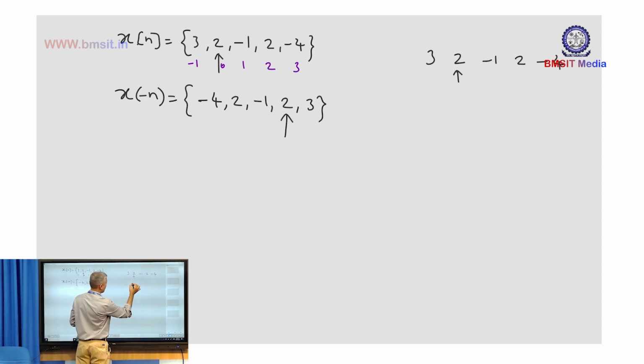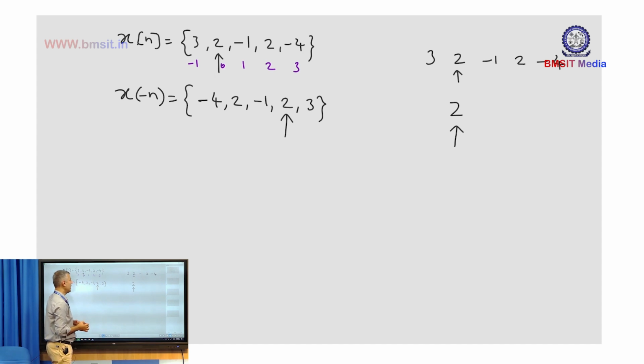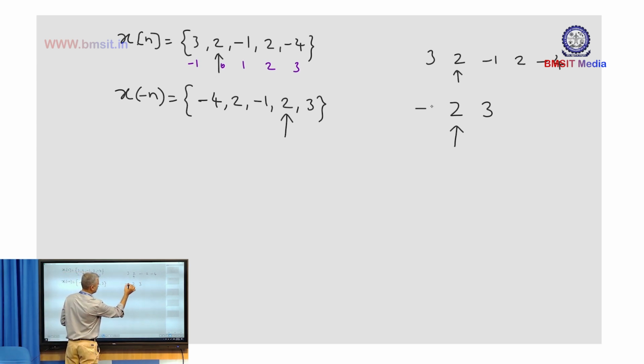So the origins of both signals have been written coinciding with each other, and this is 3. What about the other values? So minus 1 is here, 2 is over here and minus 4 is over here.